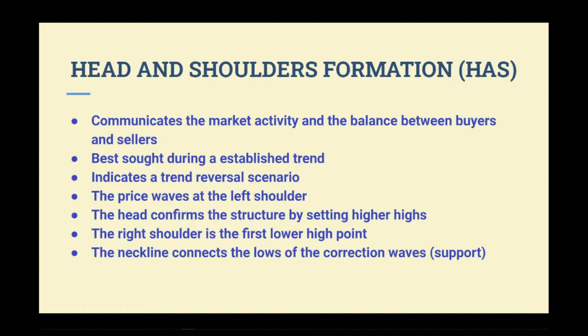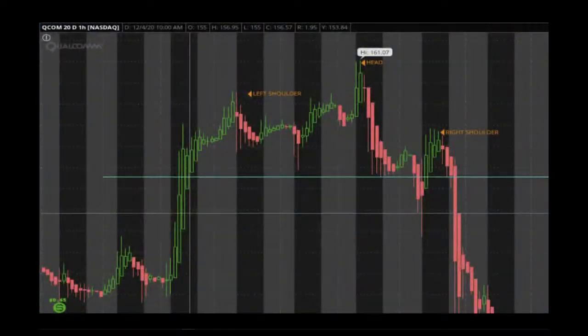Okay, this is a lot of words, so it's better to do it this way. You see? So it's a reversal. Look how from the uptrend we go to a downtrend. That's what we know as a reversal. Now that we know what's a wave, you have the first wave here from this point to this point. That's going to be your left shoulder, the high. Then you have a higher high, which is going to be your head.